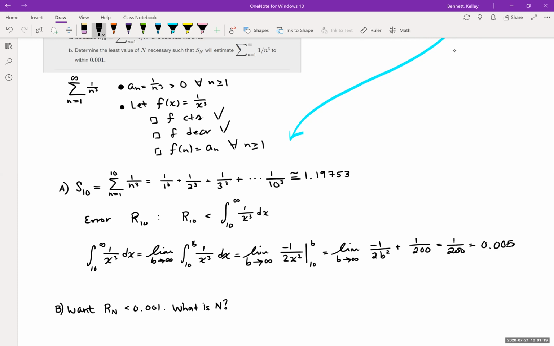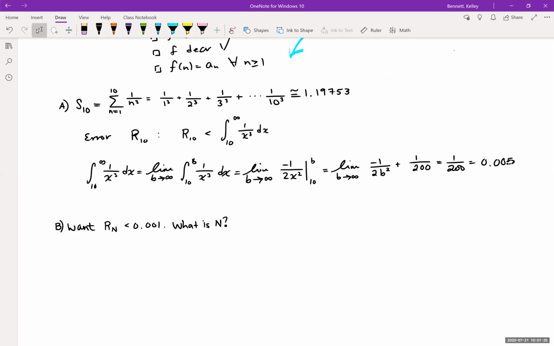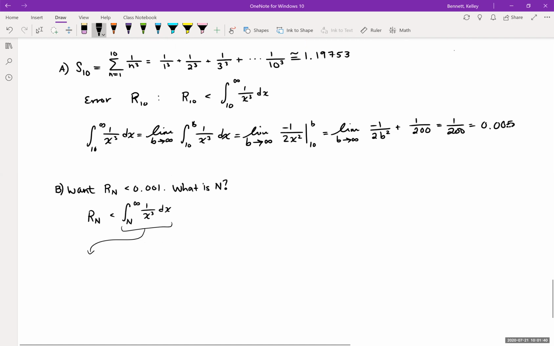Right, so if R sub capital N is less than 0.001, then what is n? Well, we know that R sub n is less than the integral from capital N to infinity of 1 over x cubed dx. So I can just work with this in very much the same way.